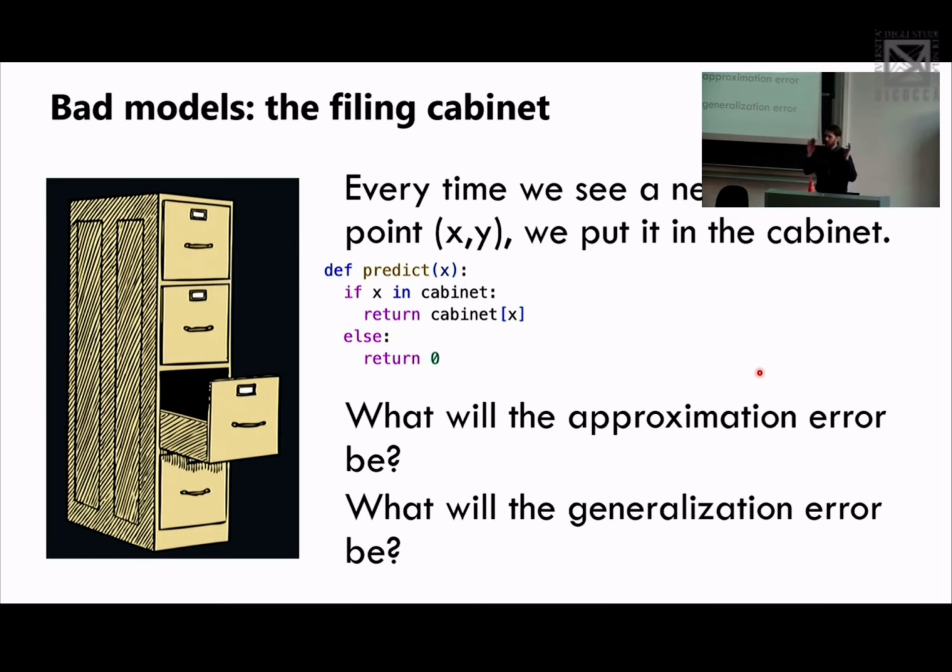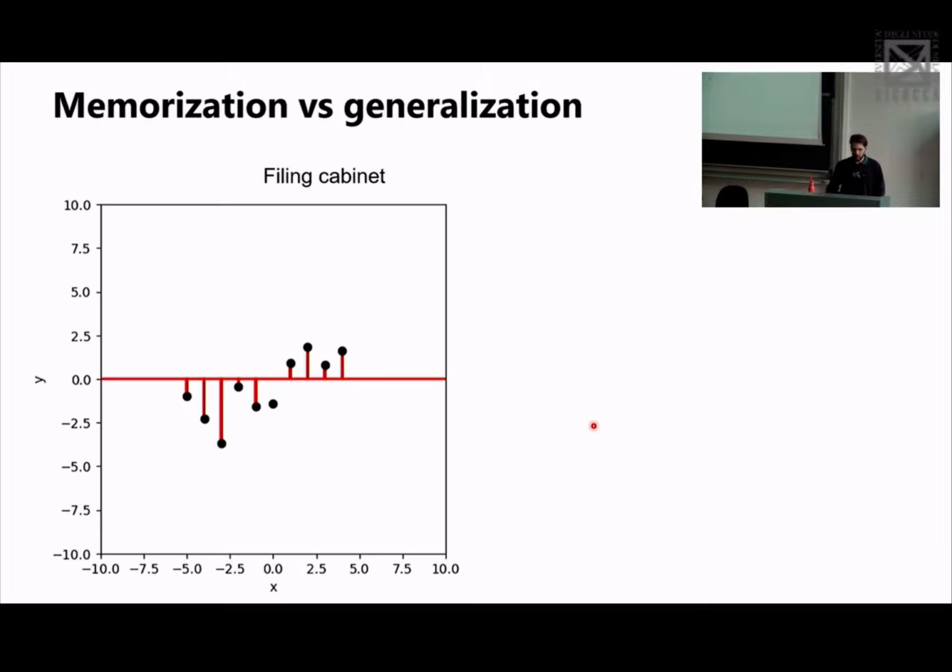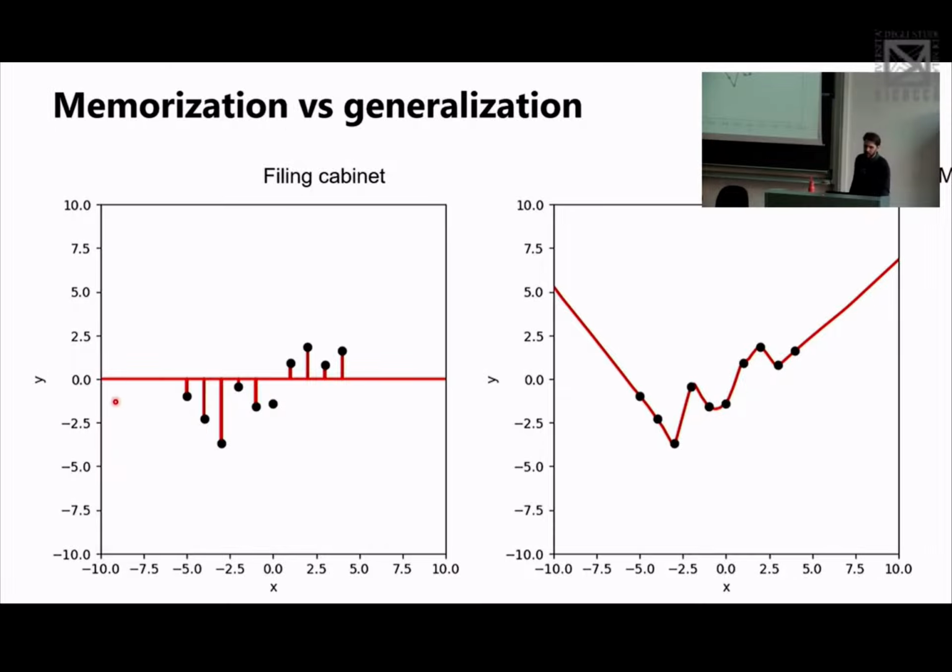You take every example that you see, you put it in your list of examples, and if you find another point that is the same as an input that you've already seen, you return what you have seen previously, otherwise you return 0. And of course, if you ask yourself what the approximation error and the generalization error would be, that will be pretty high.